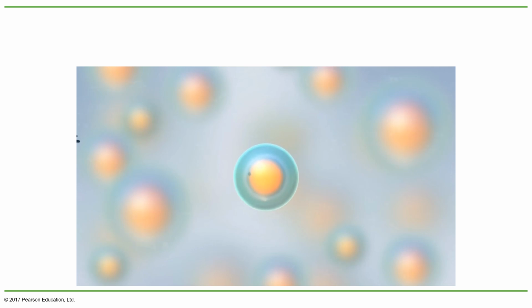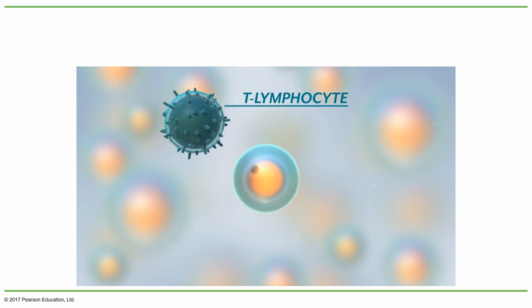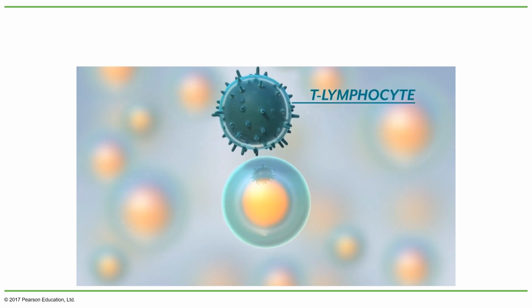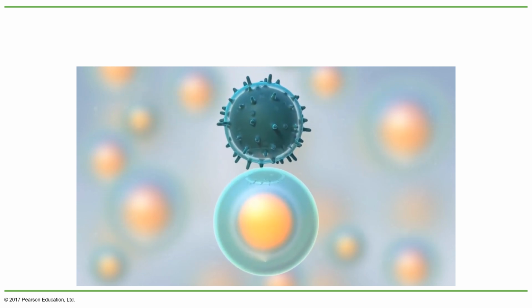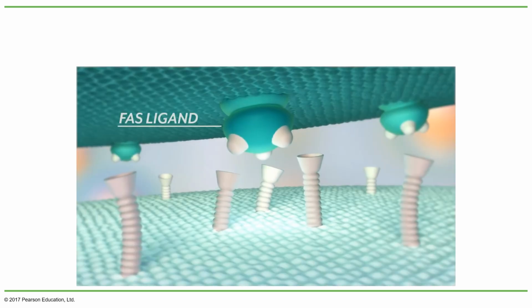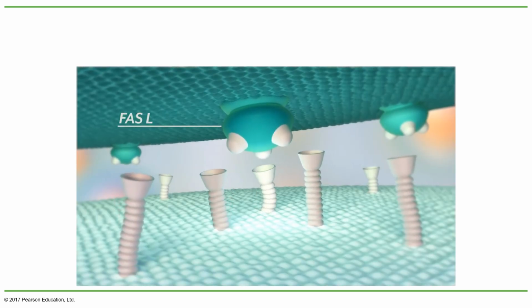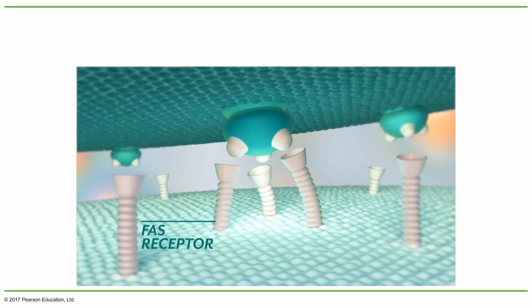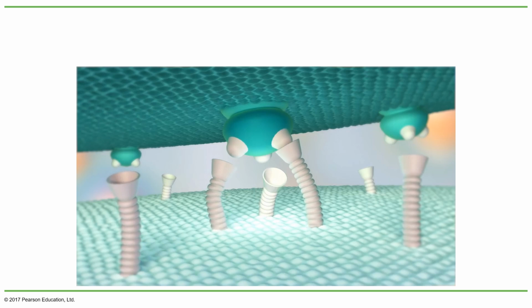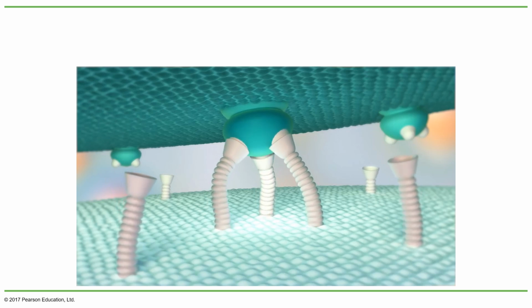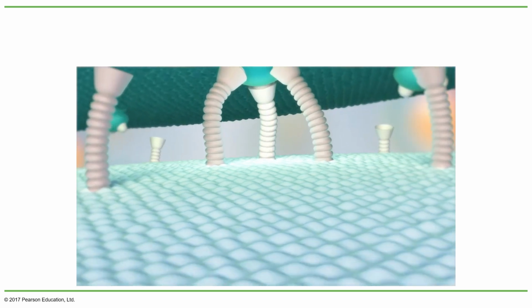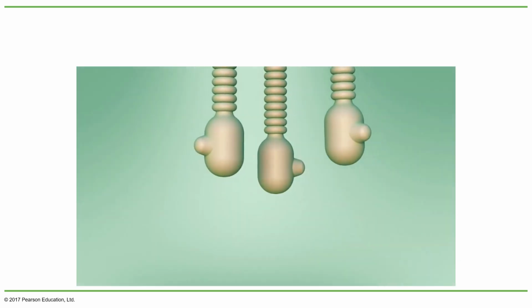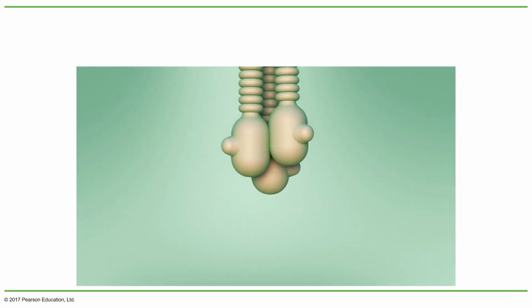This pathway is often initiated by other cells, commonly by subsets of T lymphocytes. These lymphocytes have a surface molecule known as Fas ligand, or Fas-L for short. The extrinsic pathway is initiated when Fas-L binds to Fas receptors on the surface of the targeted cell. This sets off a chain of intracellular events that will ultimately result in apoptosis.